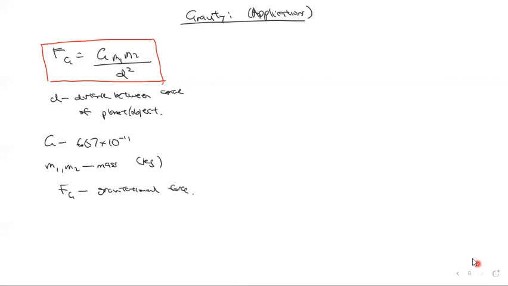The gravitational force is, of course, a non-contact force. Being a non-contact force, it has a gravitational field and associated energy levels. Now, the key difference is you recognize the gravitational force follows the inverse square law. It's proportional to 1 over d squared.